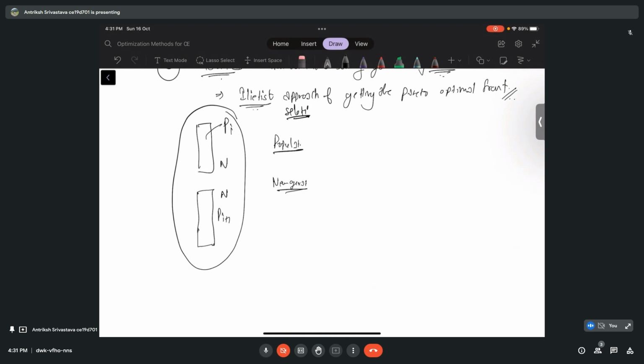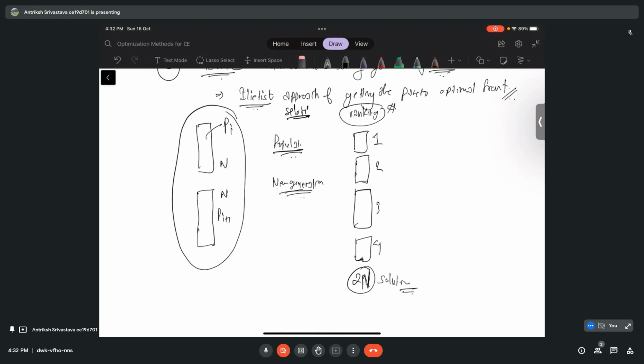And since it is called sorting, something is used to sort the solutions. The sorting is done based on the ranking that I have just discussed how to calculate. So let's say one is ranking 1, one is ranking 2, one is ranking 3, and one is ranking 4. It can be anything. And these are the 2n solutions.